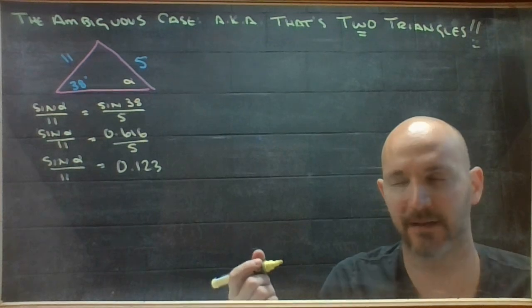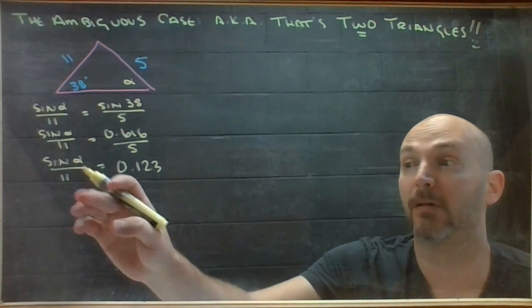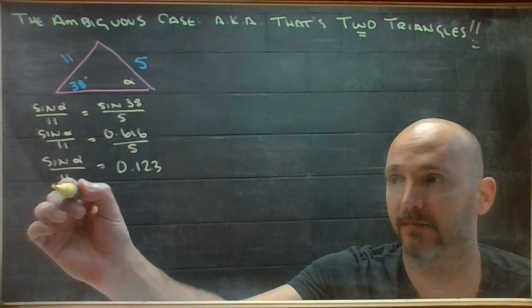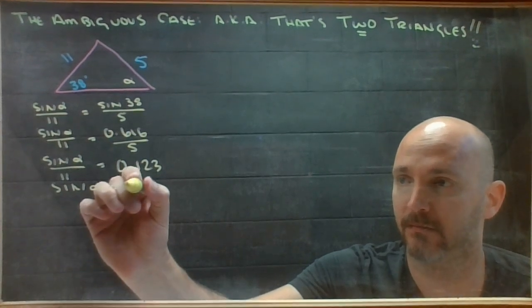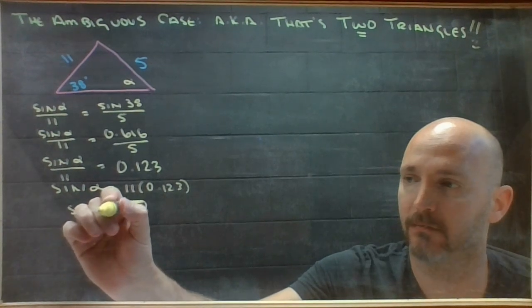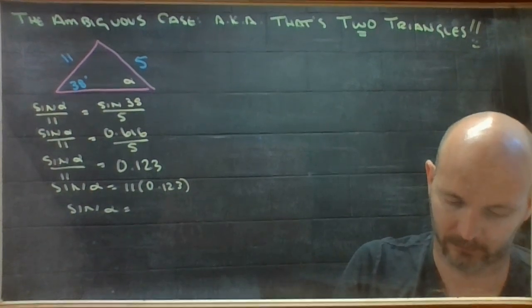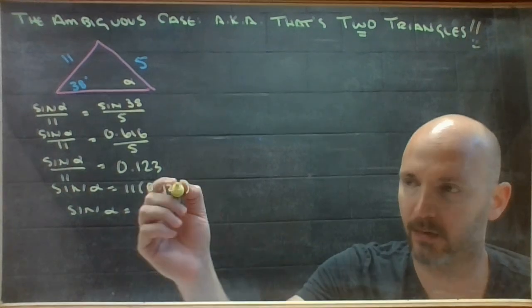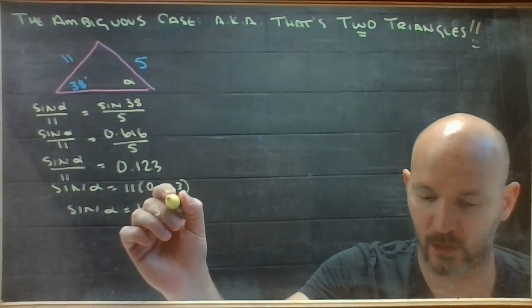It's a fun number. Multiply both sides by 11. And I get 1.354.